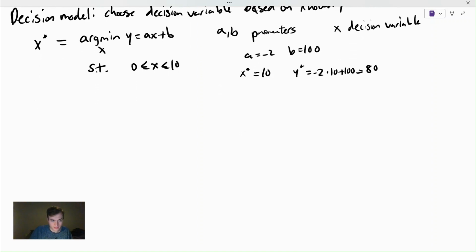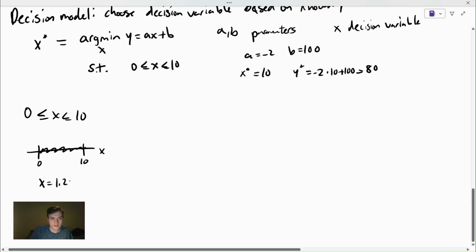Yeah. And now let's talk about types of variables. We talked about types of problems, models. Now let's talk about variables. Before, we had 0 less than or equal to x less than or equal to 10. And so visualizing the feasible region, the range of possible x, the set of possible values, it's 0 to 10. We could have x equals 1.21372 dot dot dot, or we could have x equals 2.000 dot dot dot.